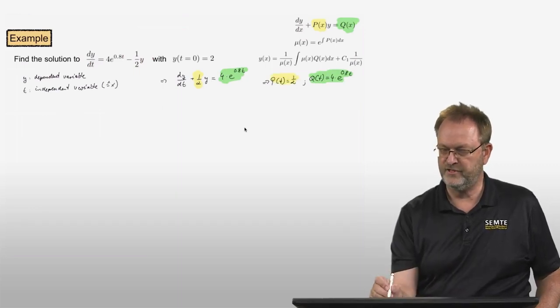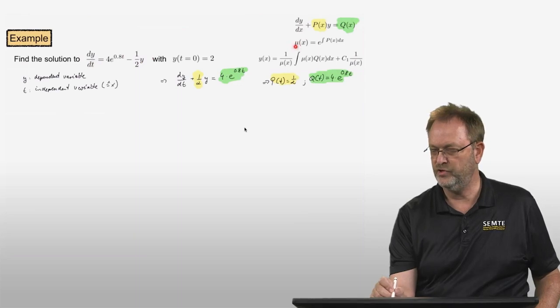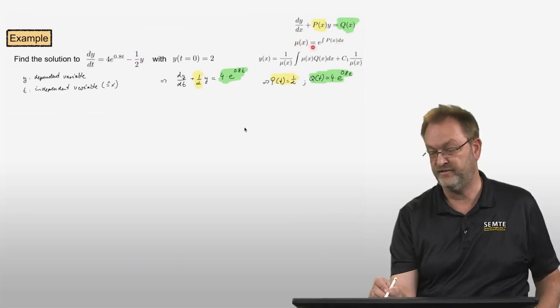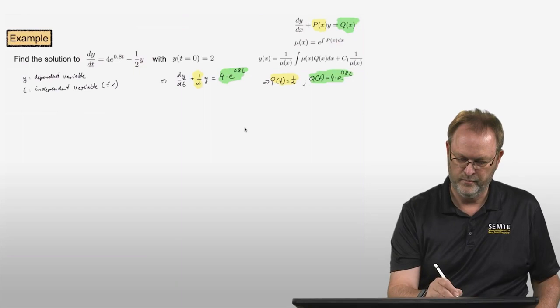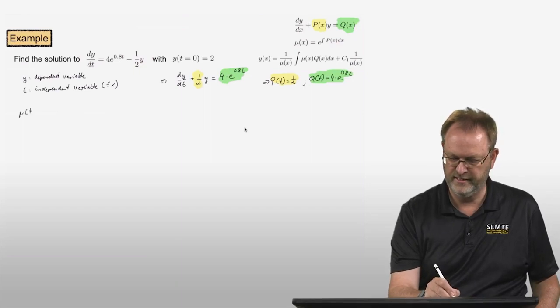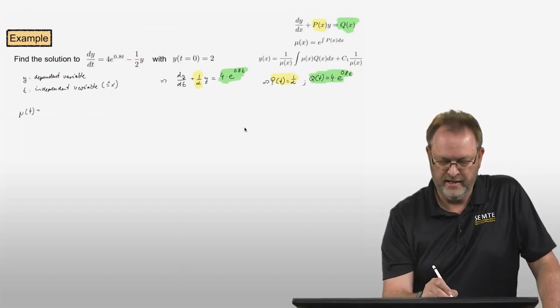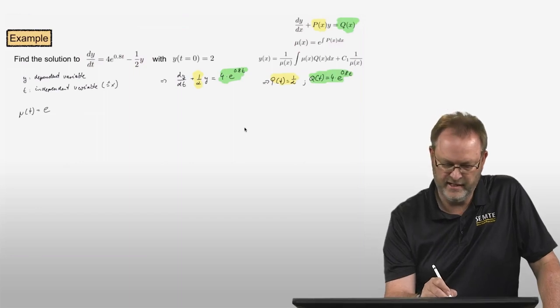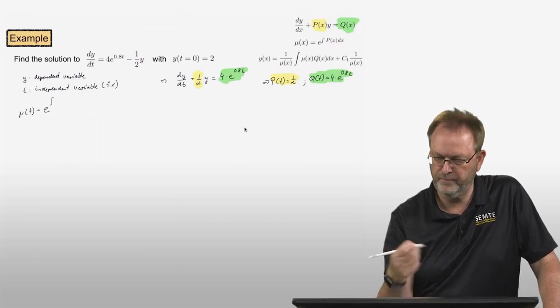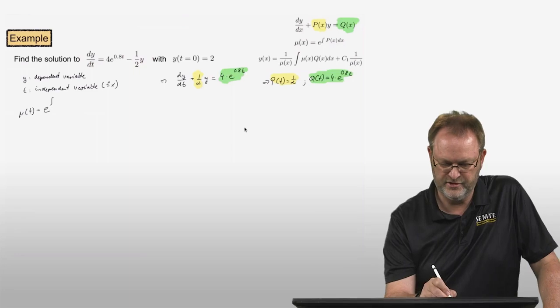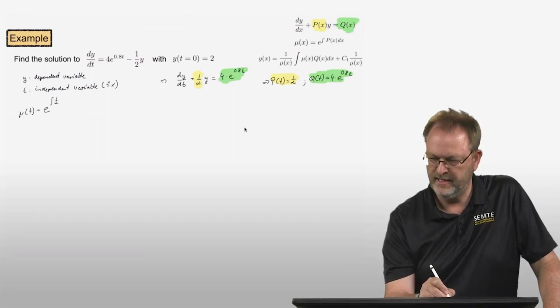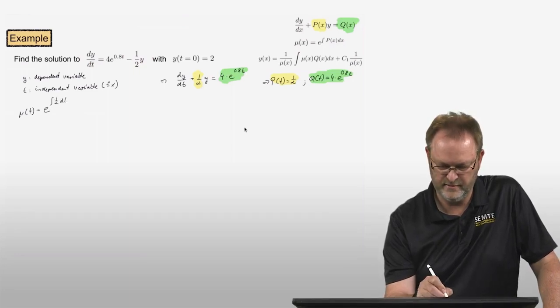And with those definitions now, we can calculate what mu of t is, or mu of x here, right? So what is this? Mu of t is equal to e to the power, the integral of p of t, so that's just 1/2, times dt.